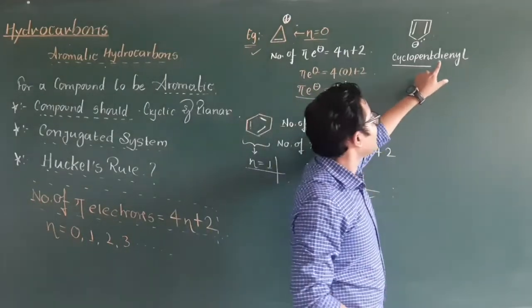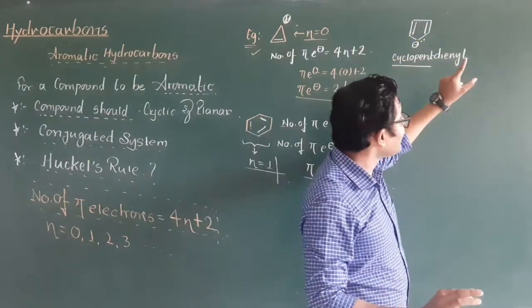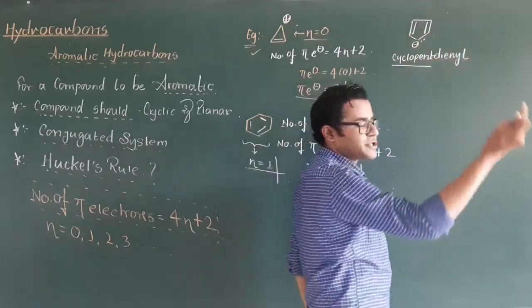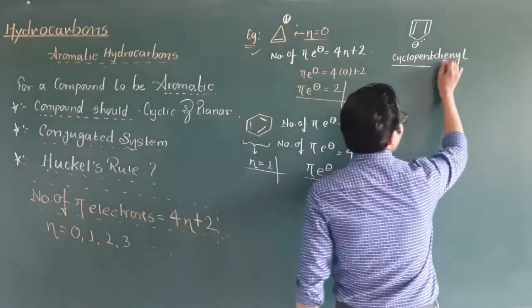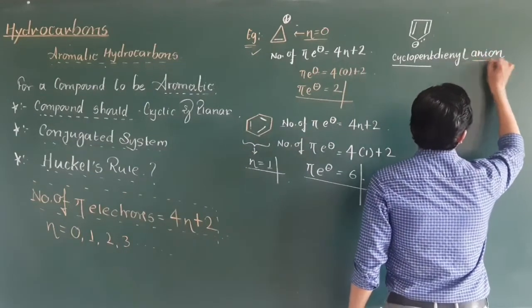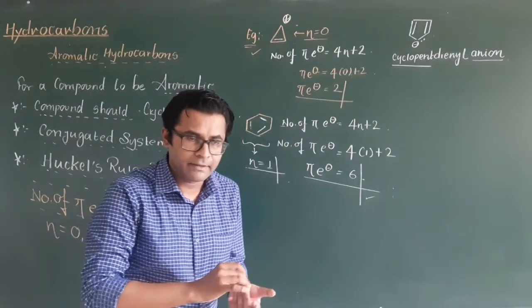Pent, 5. Correct. Di means 2, ene, double bonds. Dienyl. Why did I write that? Dienyl is because this particular system is charged. Because it is negatively charged, I will take it into consideration as an ion.